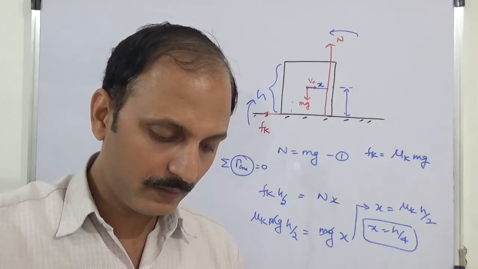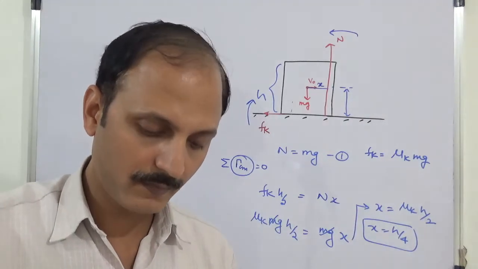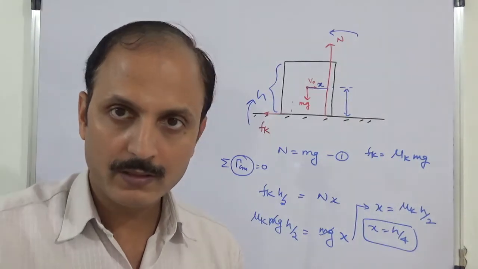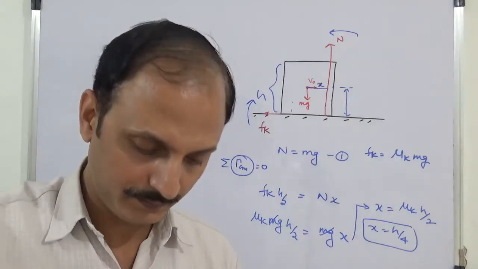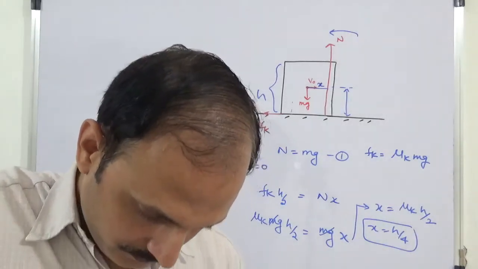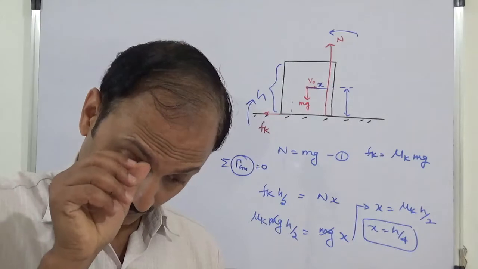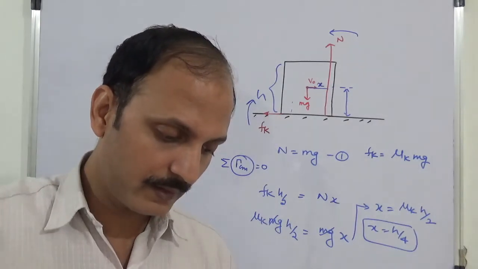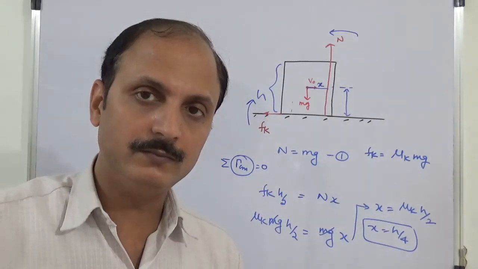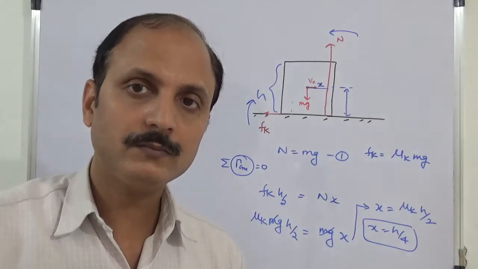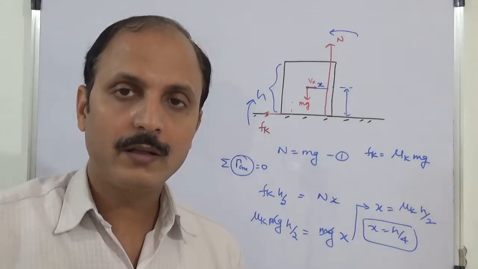Center of mass of the car describes a circle of radius small r.